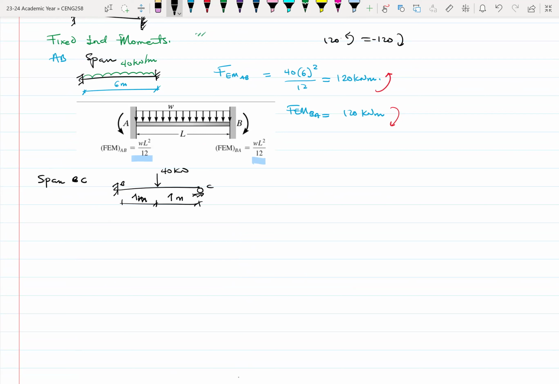So what is going to happen is we'll go to our fixed end moment table, then look for the one that corresponds to the modified version. Typically on the fixed end moment table, it is the one on the right. So let's show that quickly.